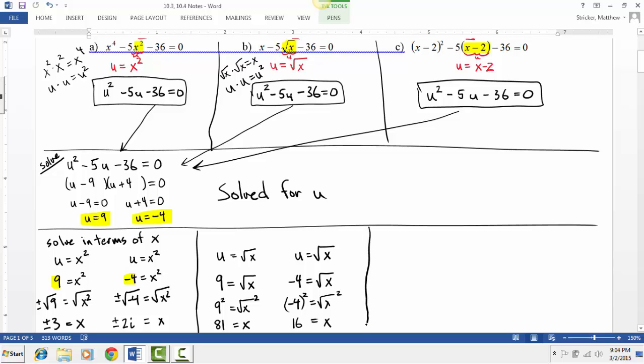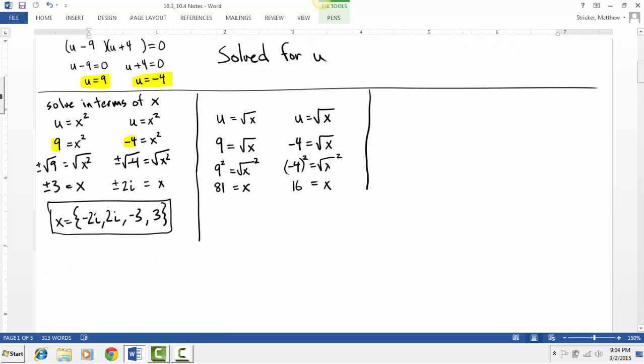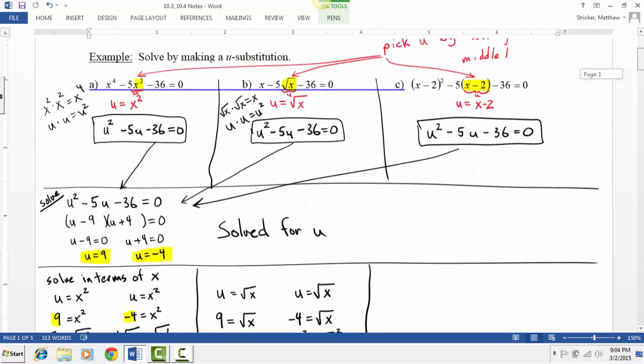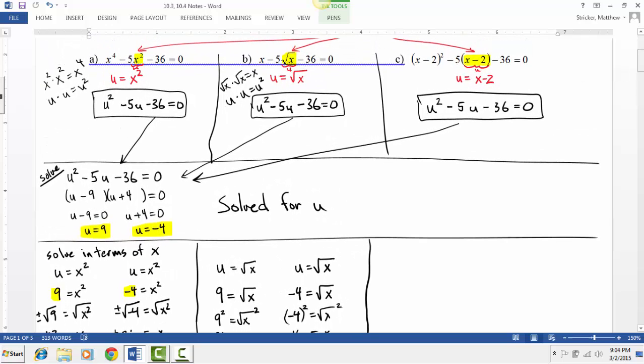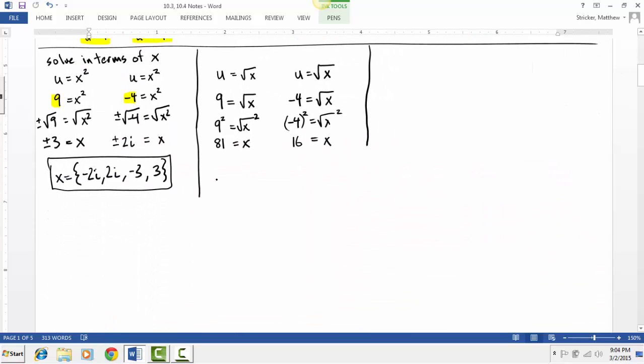Now, one thing that does complicate matters a little bit here with the middle problem is that because it's a problem with the square root, we need to go back in and check our answer in the original equation. This one up here, x minus 5 square root x minus 36. So we have a check here. We need to check in our equation.